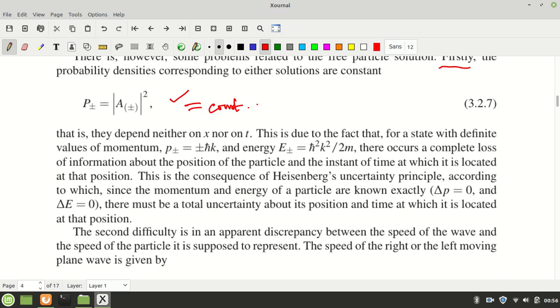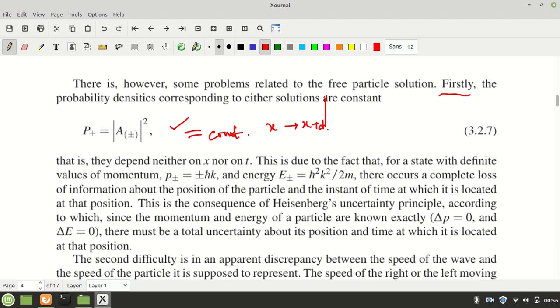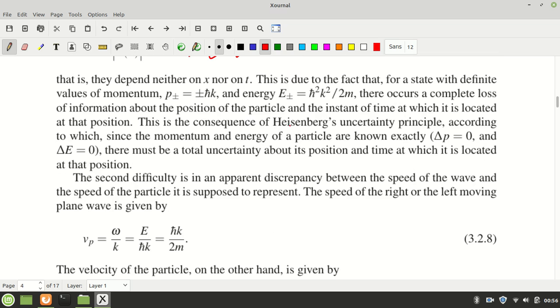That means the probability of finding the particle in the range x to x plus dx is constant. So everywhere you can see the particle. So the position of the particle is totally uncertain. So this is in line with the Heisenberg uncertainty principle.